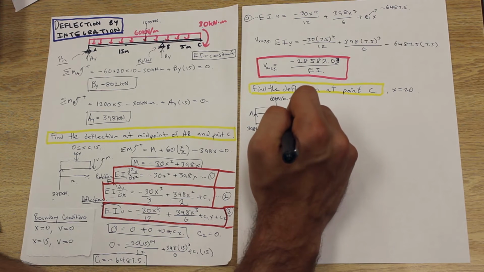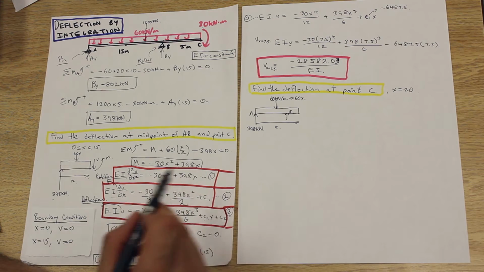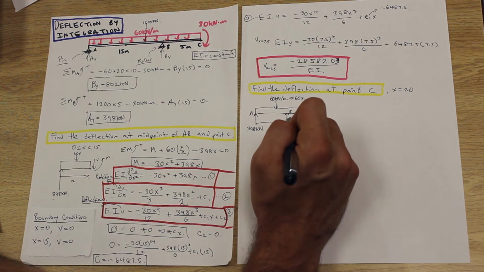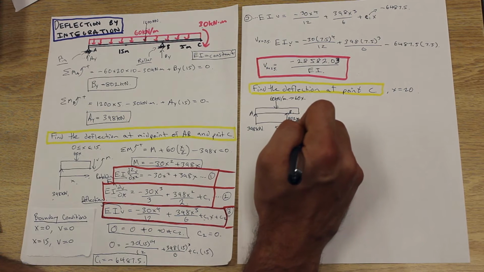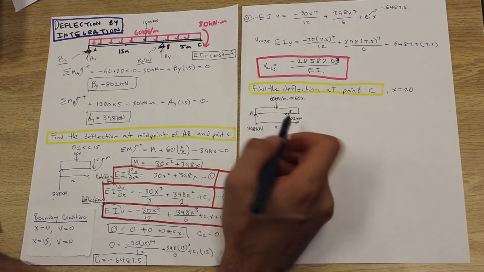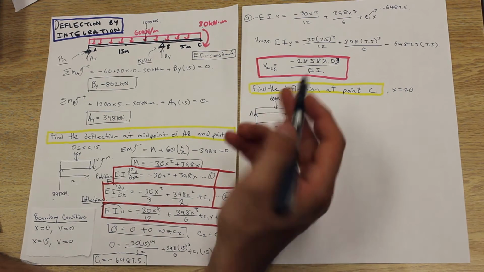We also have our point B here. If you'll remember correctly, we have By equals 802 kilonewtons here. That's pretty much it for the external forces.